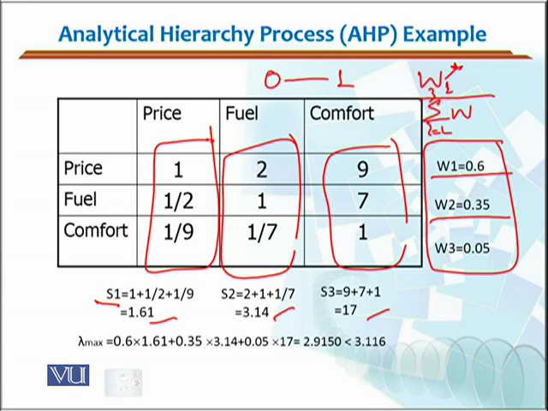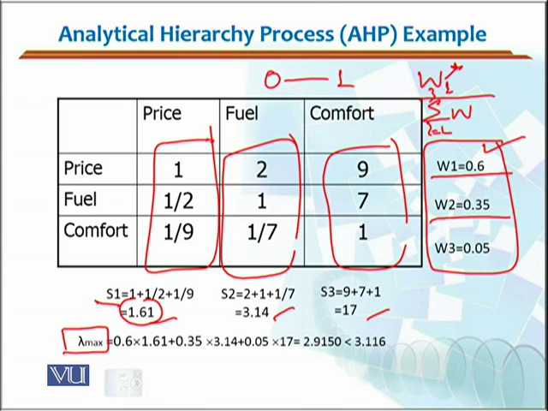So we have the normalized weights with us, and we have the column-wise totals with us. So S1, S2 and S3 are there. On the basis of S1, S2 and S3, we will calculate lambda max. What is lambda max? Lambda max is used to check the consistency of these weights. How would that be done? You will multiply the normalized weights with their column-wise totals.